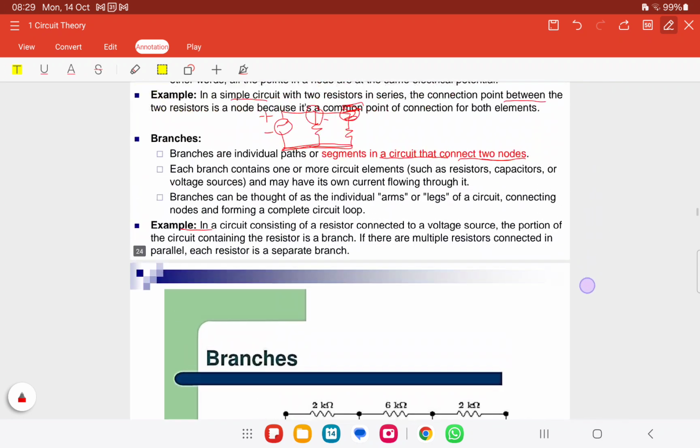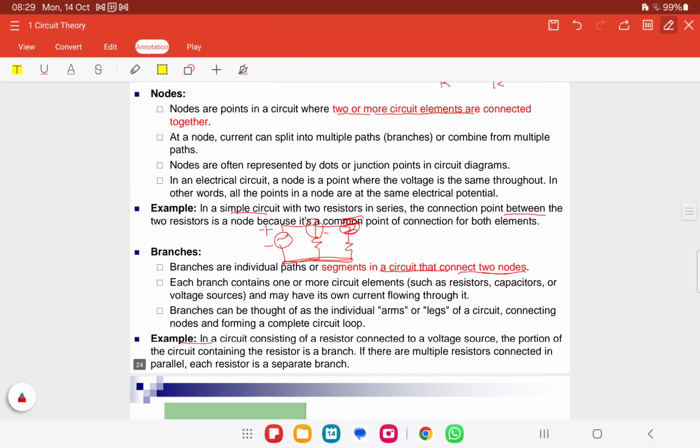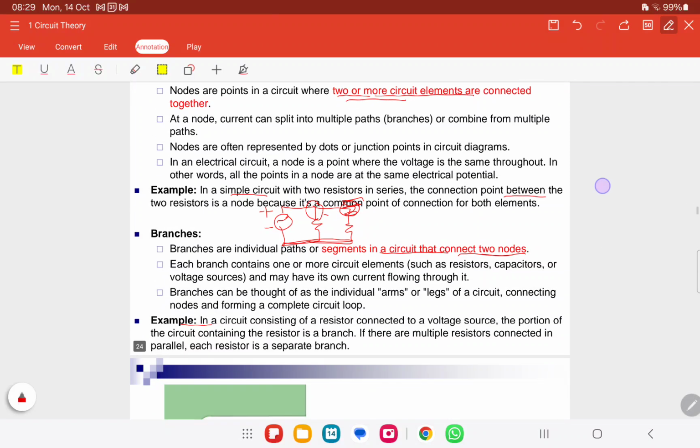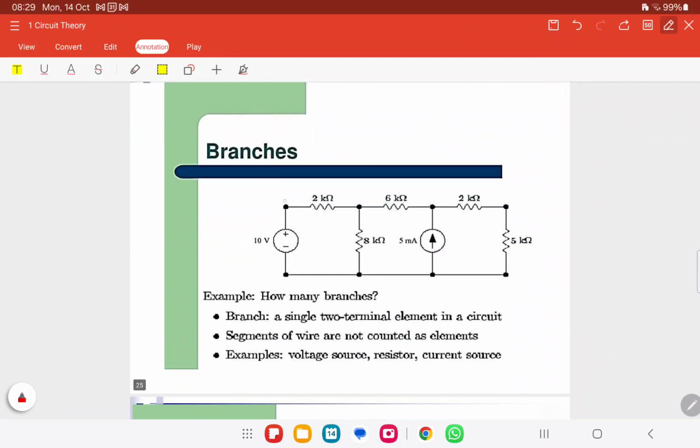If a node connects two or more components, so for nodes, one node, two, right? Three, these are two components, right? Four, then this one, 5, 6, 7. This is the same.